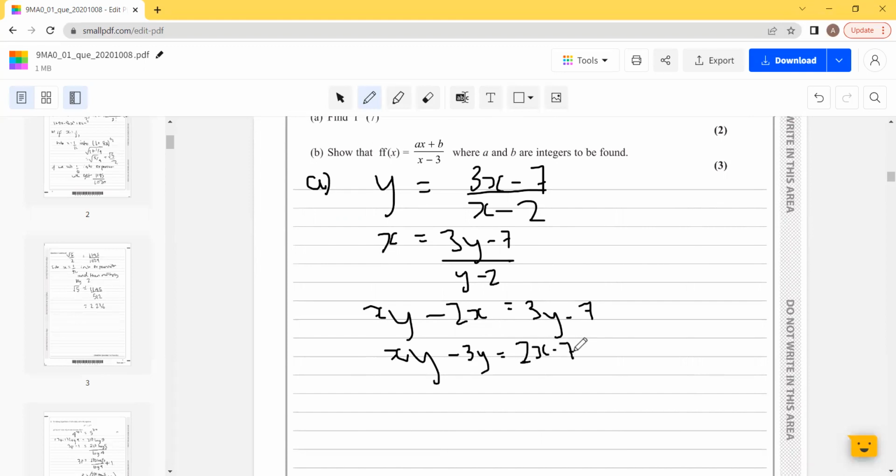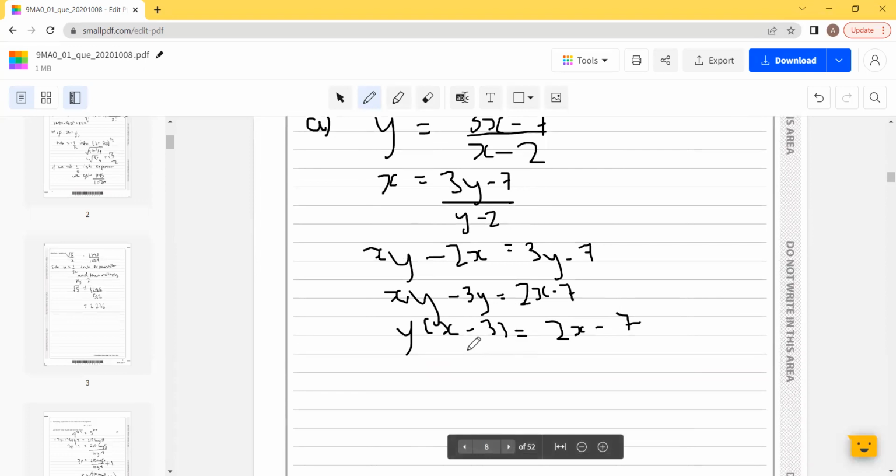Okay, so now if we factorize, we get y times x minus 3 is equal to 2x minus 7. Okay, so we know that y is equal to 2x minus 7 over x minus 3.